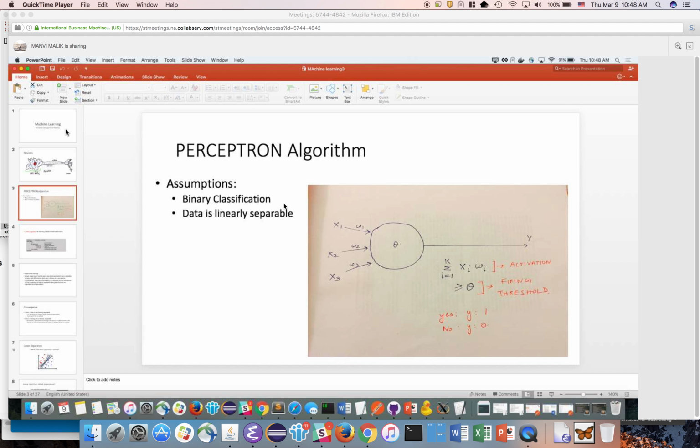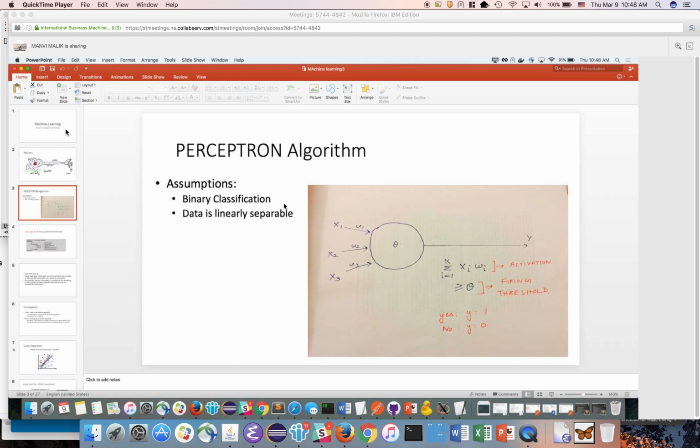That means, what should be the spike trains after this neuron processes the information? We can say that will be the summation of all these inner products of xi into wi. That is basically your activation. This is how you calculate the output y.